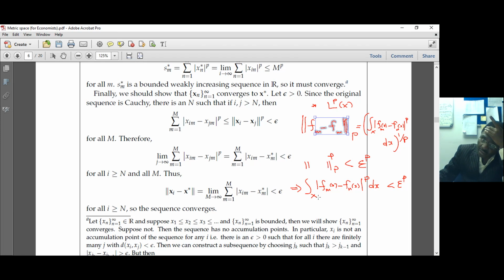Now the question is, how do I make sure that I can dive into R? If I can get rid of this integral, then that will be possible. But how can I get rid of that integral? If you recall what we did when we compared the one norm, was it the one norm? We compared something here last time. Was it the one norm and the infinity norm?